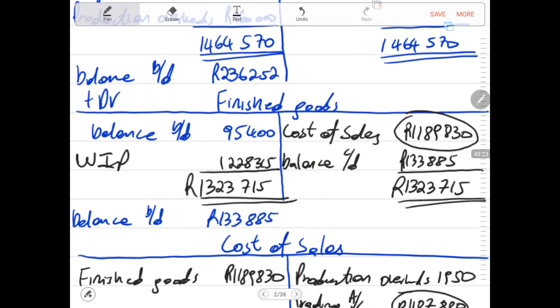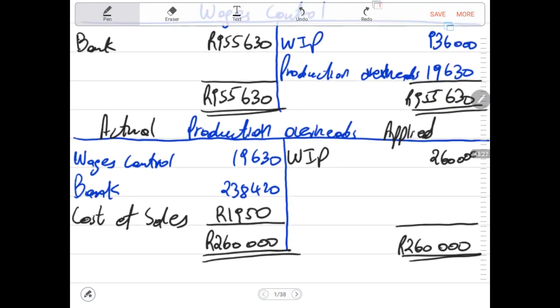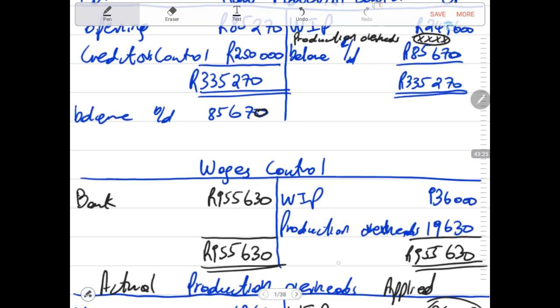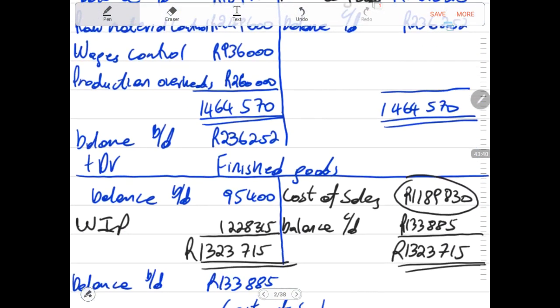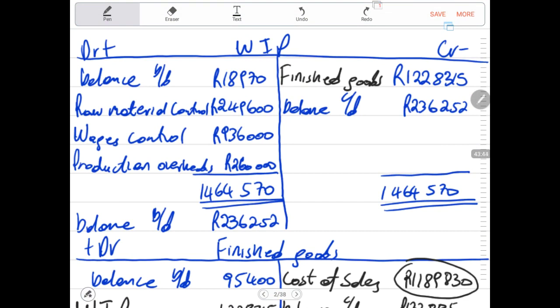Remember, just to highlight one last thing, we estimated that our overheads will be 260,000. We recorded this estimate in work in progress, meaning that 260,000 increased our cost of production, and our cost of the goods that were finished, which is this amount, is inclusive of that 260,000, which is an overestimation by 1,950.